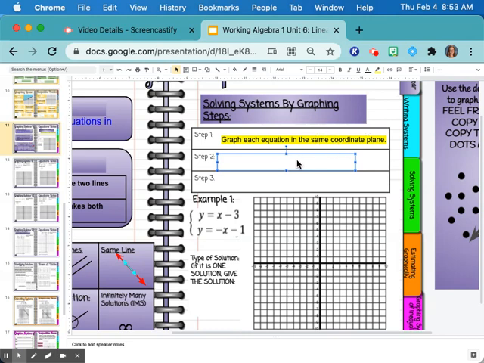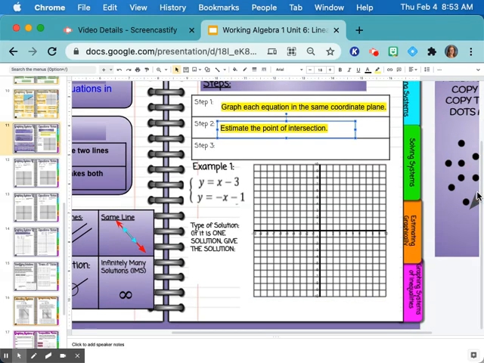Step 2, estimate the point of intersection. So you're going to look at the graph and estimate where it's at, what x and y value it is at.